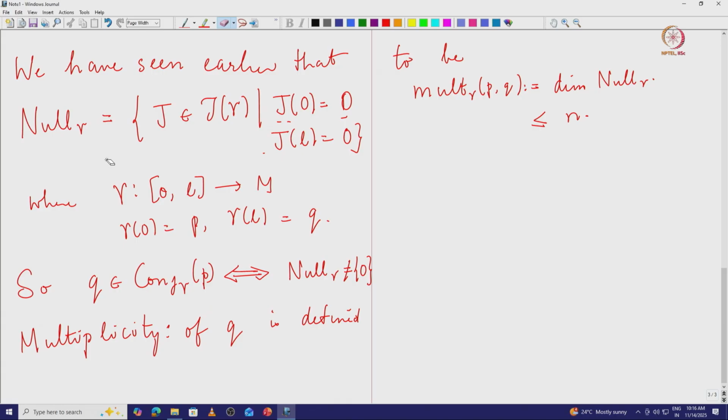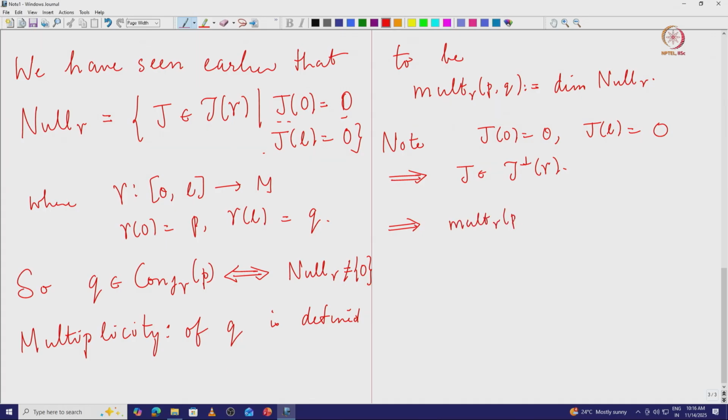Let me also note that J of 0 is 0 and J of L is 0 implies, by something that we did in an earlier lecture, that J has to be an orthogonal Jacobi field. So putting all this together, the multiplicity can have value at most n minus 1. So the dimension of the null space can be at most n minus 1.